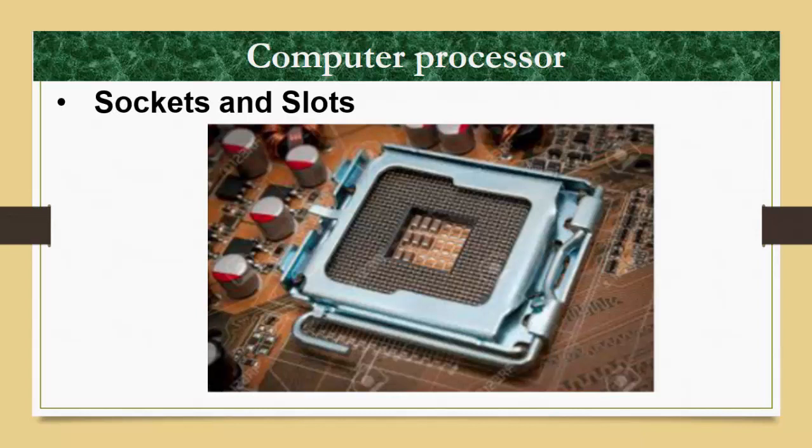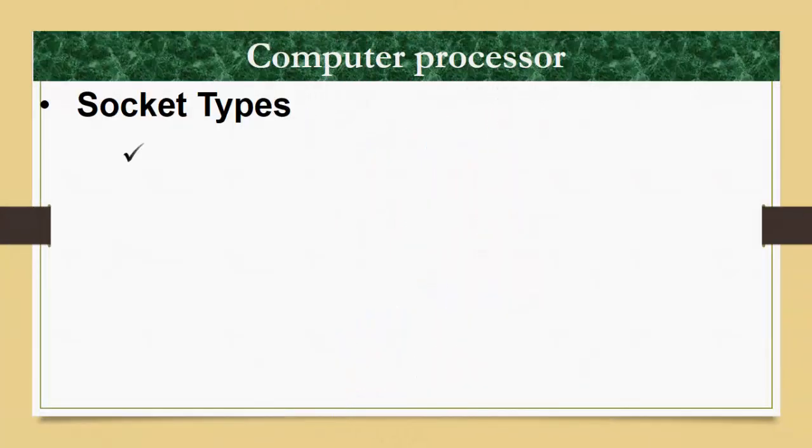Which type is used is largely a matter of preference on the part of the processor manufacturer. The two types look very different, but functionally their differences are small. As you see, students, the socket is shown in the figure, and this socket is the room of the processor on the motherboard.